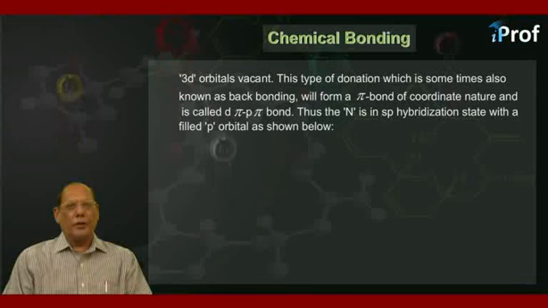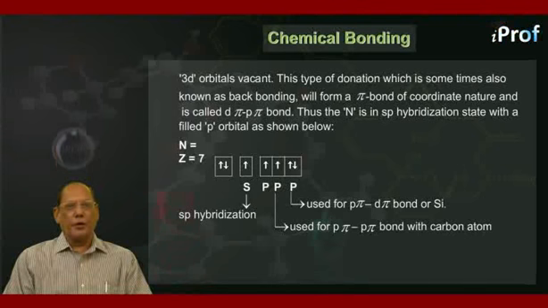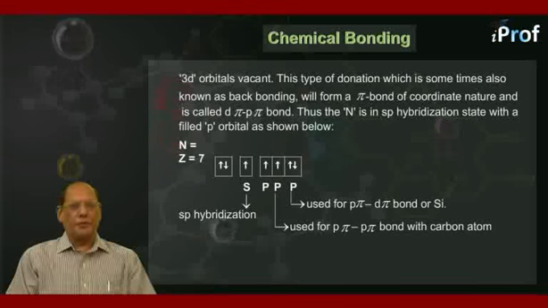Thus, nitrogen is in an sp hybridization state with a filled p orbital as shown below. Now look at the configuration of nitrogen, atomic number 7. The ground state configuration of nitrogen is 1s2, 2s2, 2p3.